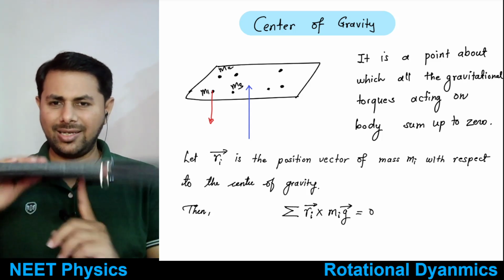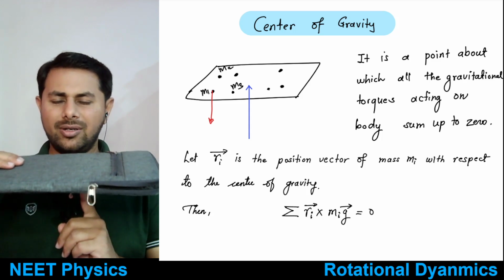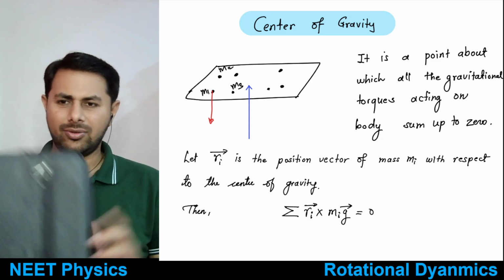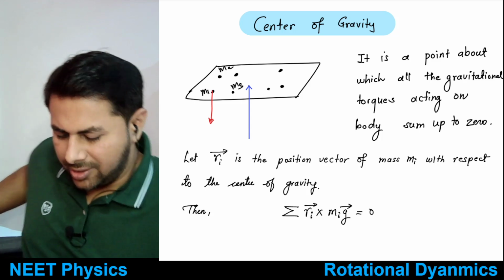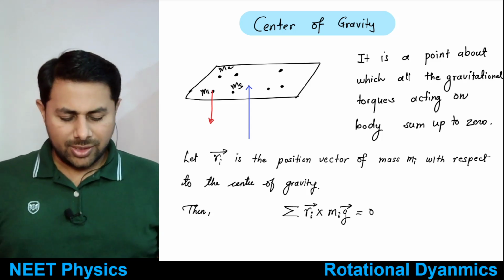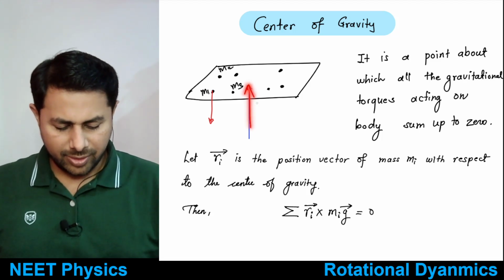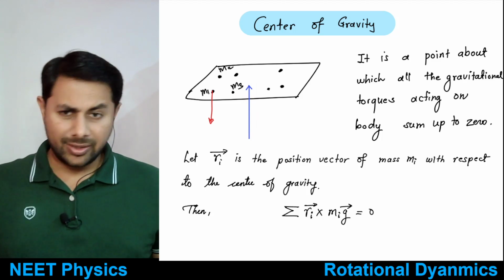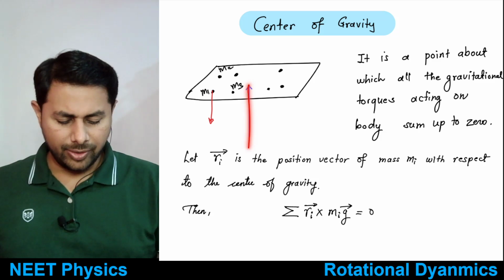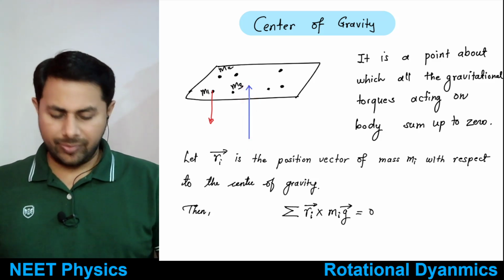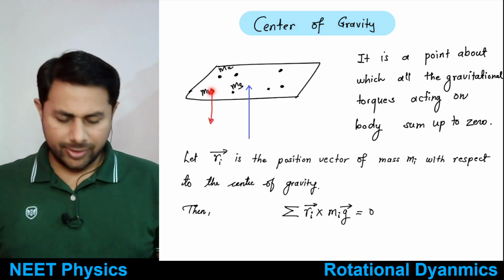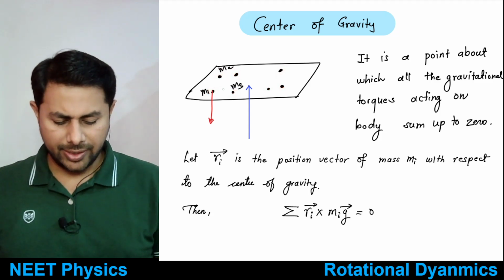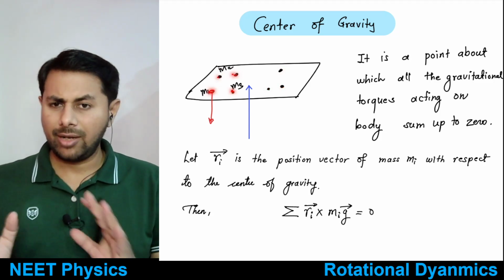So if you want to balance it, what should happen? Torques should be balanced, right? So see, if the body is pivoted about this point, suspended, then suppose there are n small particles within the body, and each particle has some mass.